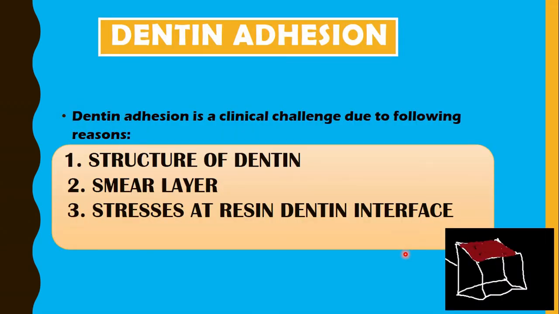So dentin adhesion is a clinical challenge because of the structure of dentin, as I have discussed. Apart from this, we have the smear layer and the stresses that develop at the resin-dentin interface.